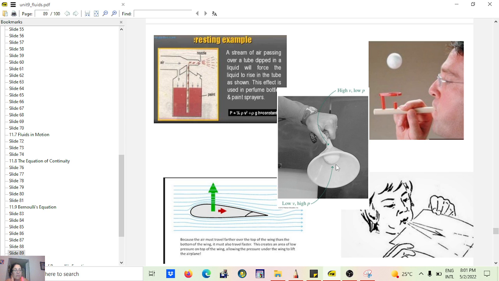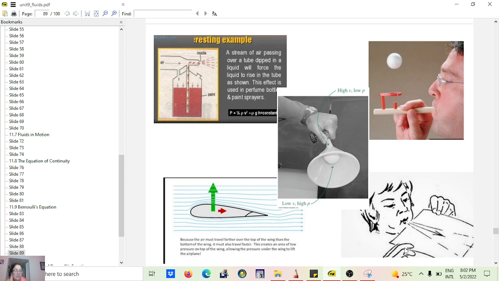So low pressure on the side, high pressure on the side. Same thing here. When I was a kid, I had that. So you have air going really fast, so it's going to go this way, and the fast air is going to go that way. So here you have low pressure, but outside you have high pressure. So the high pressure is pushing. So even though you can go sideways, the ping pong ball is going to go there.